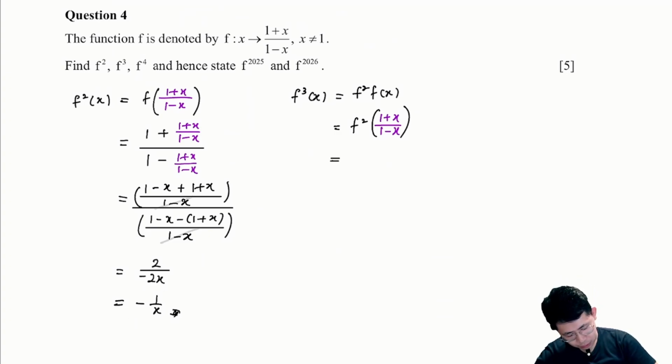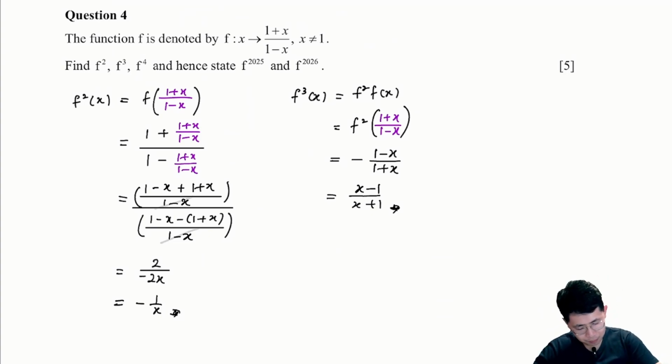So what we're going to do is the negative reciprocal over here. If we want to really simplify, this would be something like x minus 1 over x plus 1, where we expand this set over here. Altogether this would be x minus 1. So this is f3.